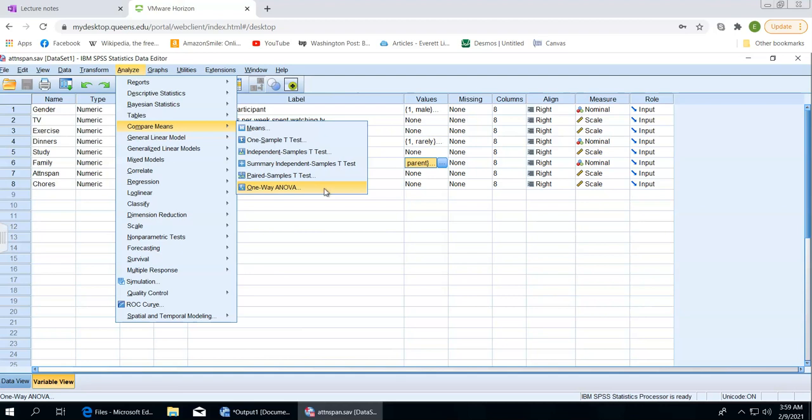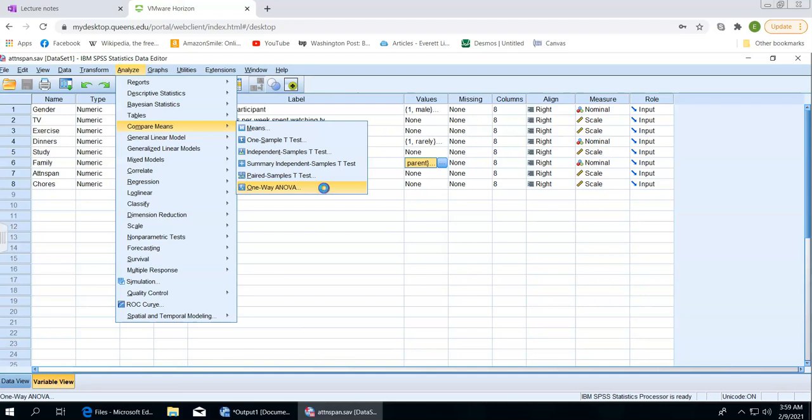Remember, one way is the most basic one, the one we're starting with. We're going to go ahead and do the main test, and then we'll talk about assumptions and effect size and all that. So that's coming, but I wanted to go ahead and do this first.